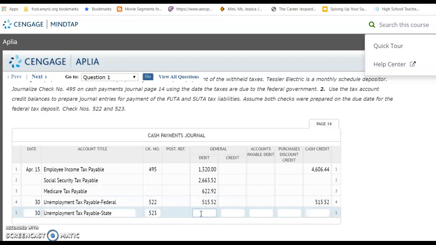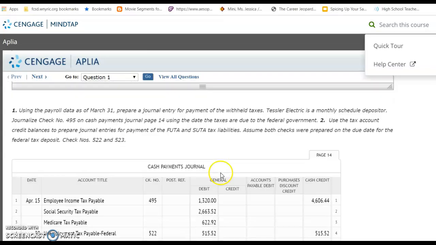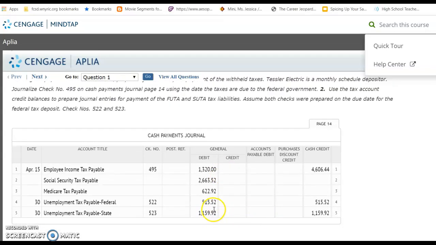The second one, given for the state, is 1159.92. All right, and just double check the numbers, making sure I didn't make any mistakes typing them in, but look up above so you know where the numbers came from instead of just copying them right from here.